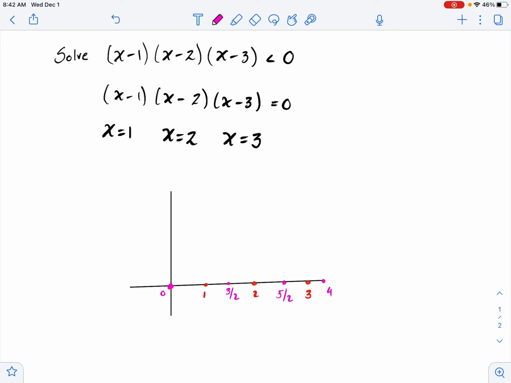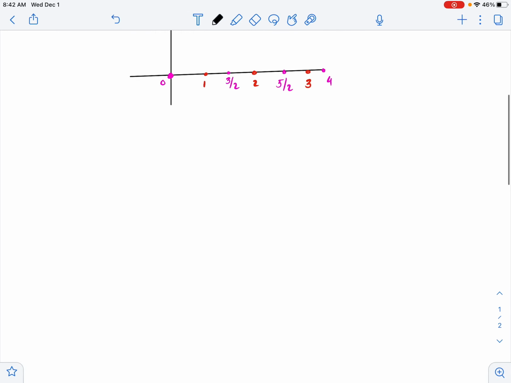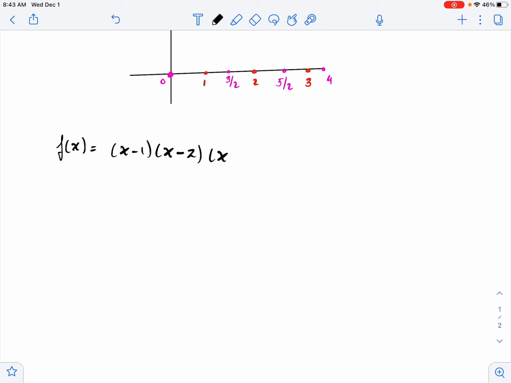All I'm interested in is whether the function is positive or negative for these 4 values. So I have f of x, which is x minus 1 times x minus 2 times x minus 3.